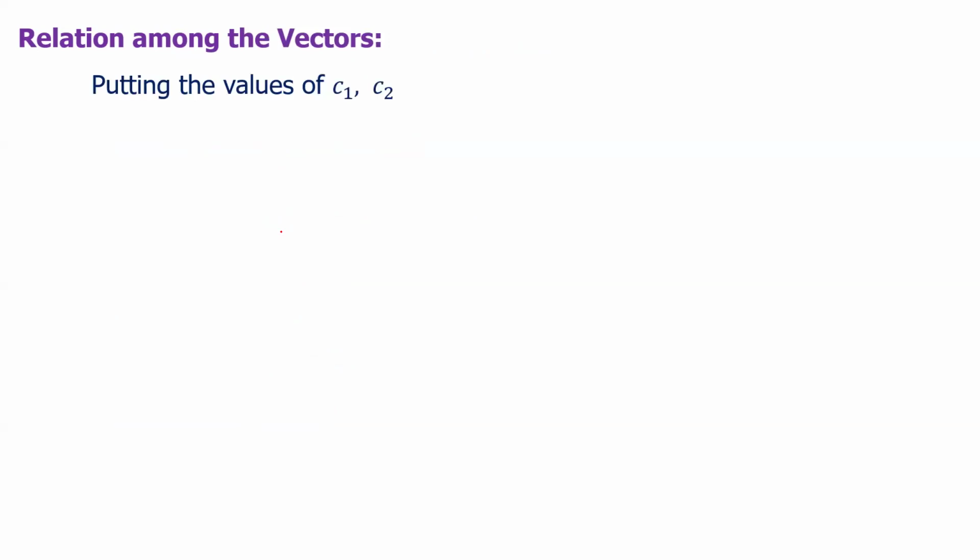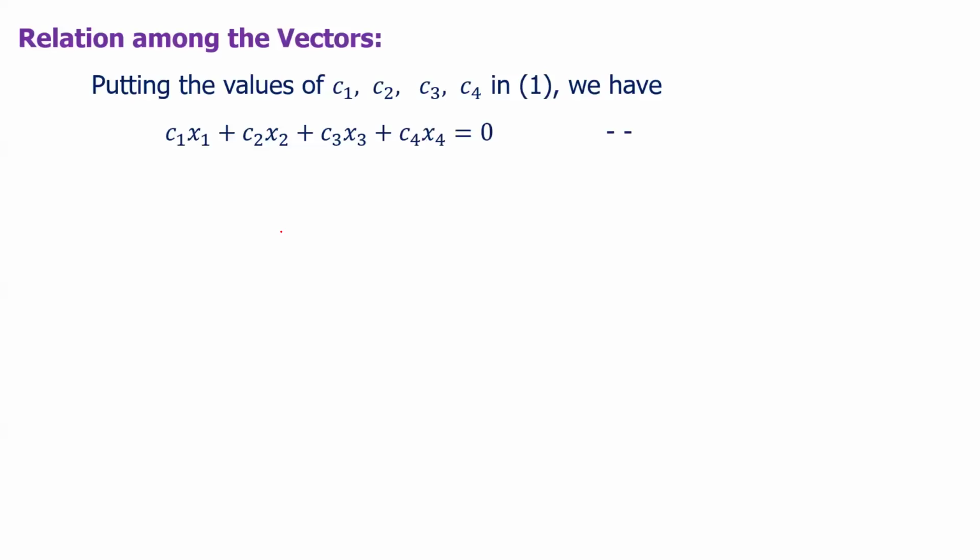Now, we want to find out the relation among the vectors. Putting the values of C1, C2, C3, C4 in equation number 1, we have C1x1 plus C2x2 plus C3x3 plus C4x4 equal to 0.